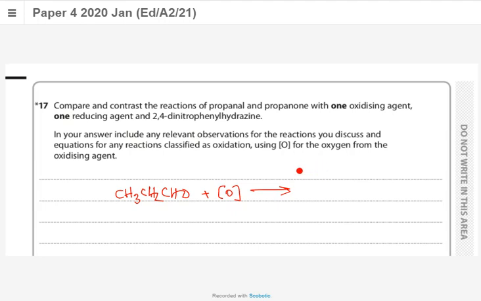This is due to the formation of propanoic acid, and the green color is due to the Cr3+ ion.